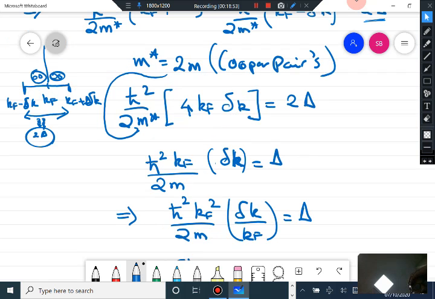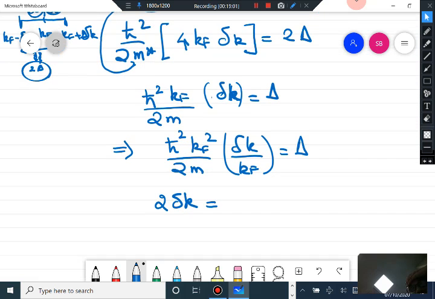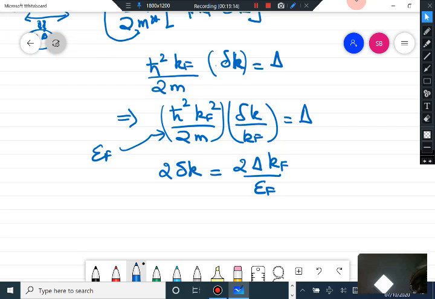Okay, the width of this region is 2δk. This width in momentum space is, of course, 2δk. Okay, 2δk is equal to 2Δ, the gap, times kF divided by EF, because this is nothing else but the Fermi energy, EF.